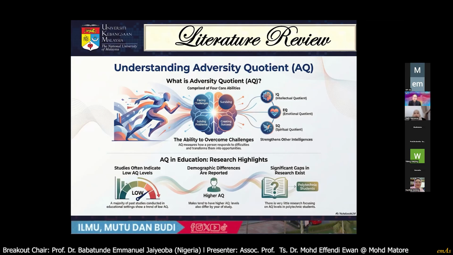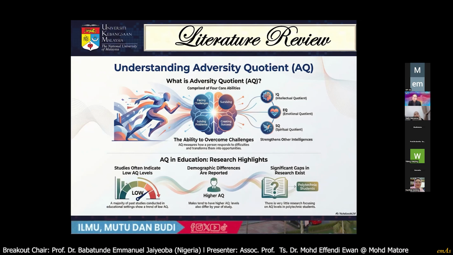IQ and SQ. Okay. The implication of this is that your research needs to look critically at these components. The implication is on the philosophy of the national Malaysian educational setting. In the Malaysian educational setting, we do not put AQ in our philosophy.